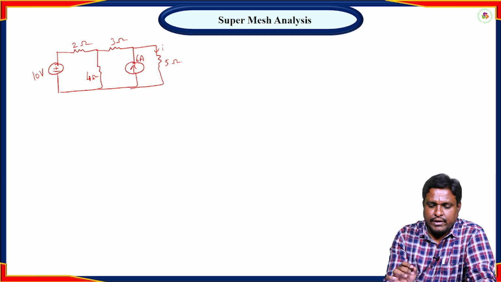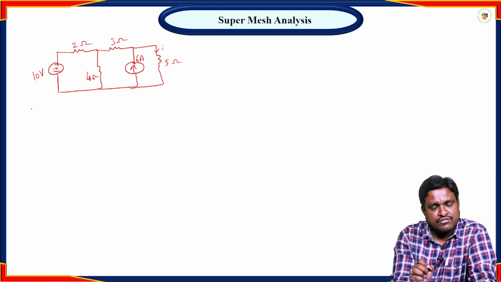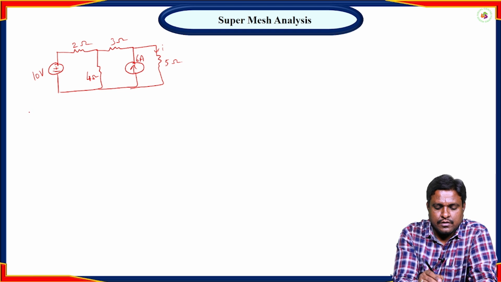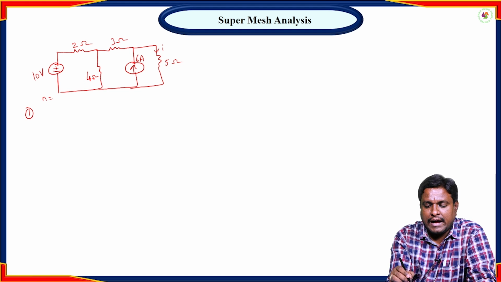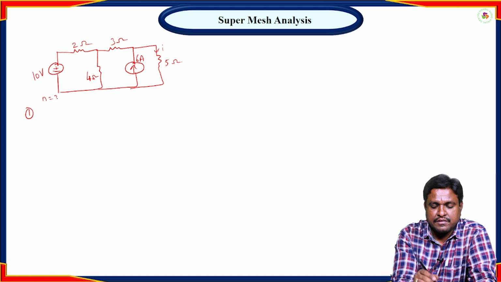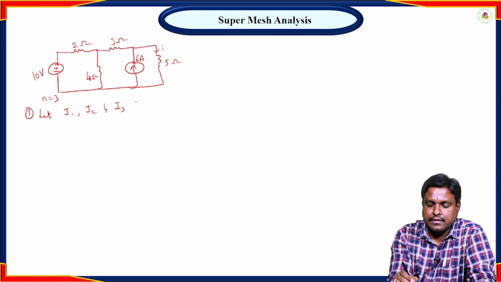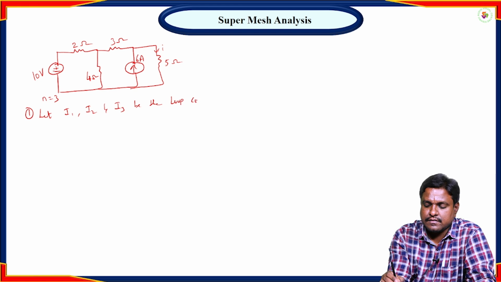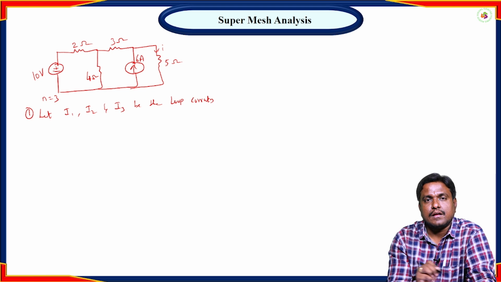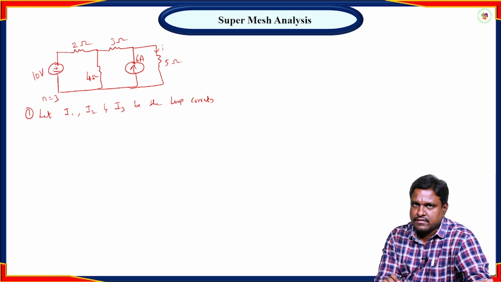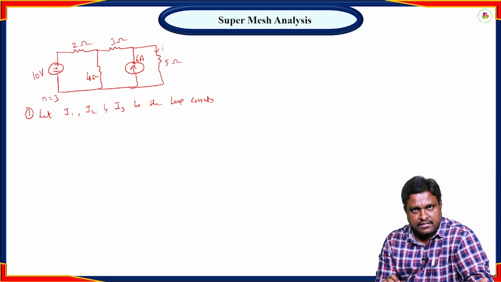Now the first point is, first we have to identify the number of loops. The number of loops here are 1, 2 and 3. So let I1, I2 and I3 be the loop currents, which is the same method as mesh analysis.